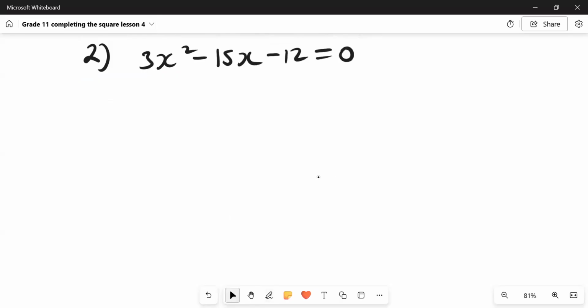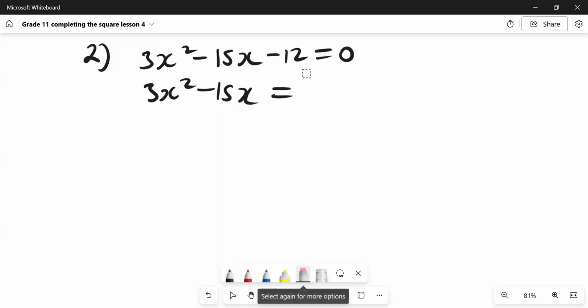You must solve for x correct to 1 decimal place. So firstly, you move the what? The constant. Sorry, this is 21, not 12. Transpose this to the right hand side, you'll have your 21 there.